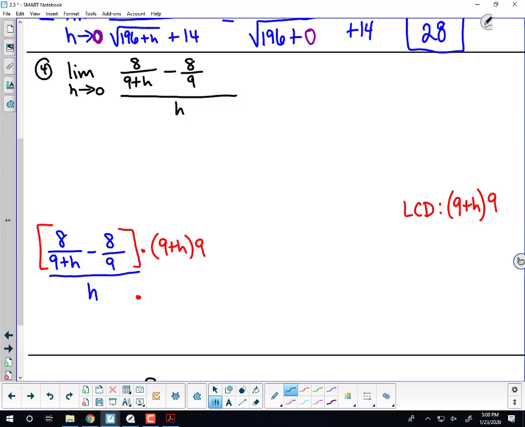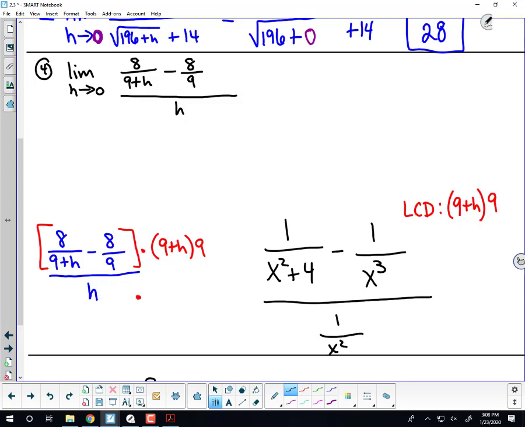I don't know if that makes sense, but if you have something like 1 over x squared plus 4 minus 1 over x cubed, all over 1 over x squared, then I wouldn't try to factor, you can't really factor anything here.